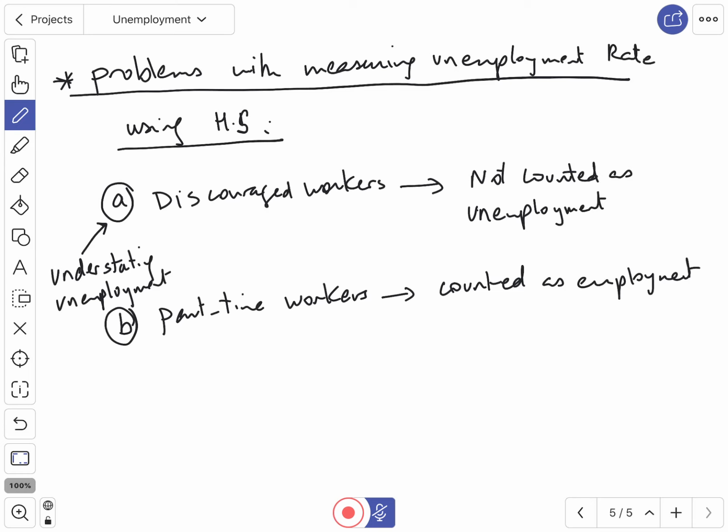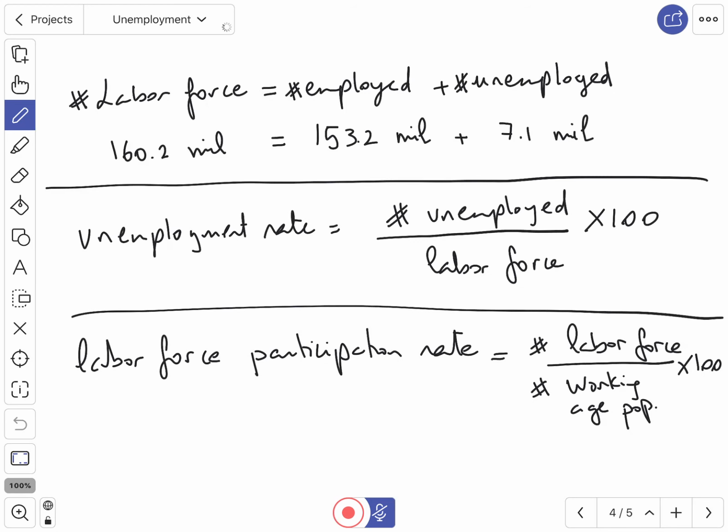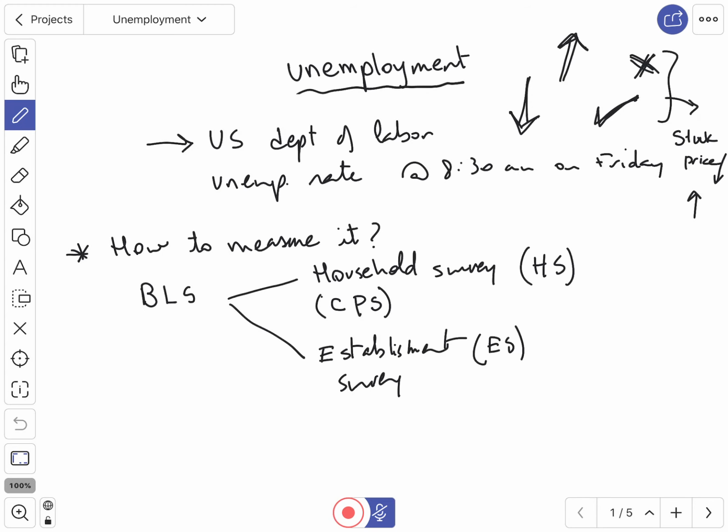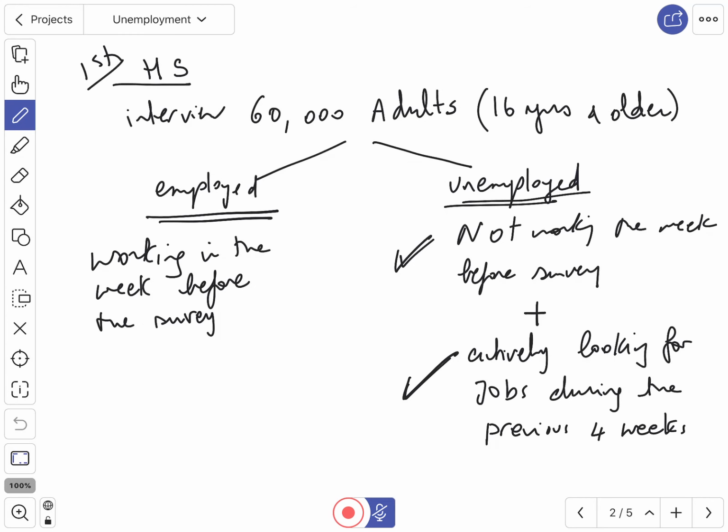People who are working part-time actually wish to work full-time. They are looking for full-time jobs, but when they are included in the survey, when the 60,000 adults are asked, are you working?